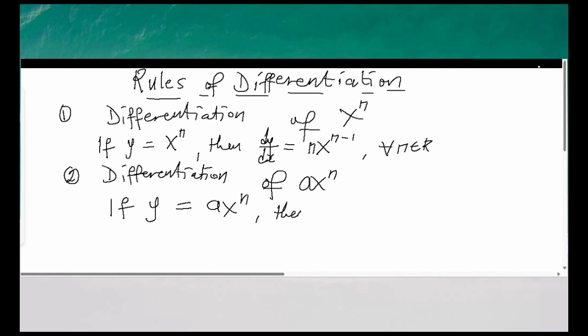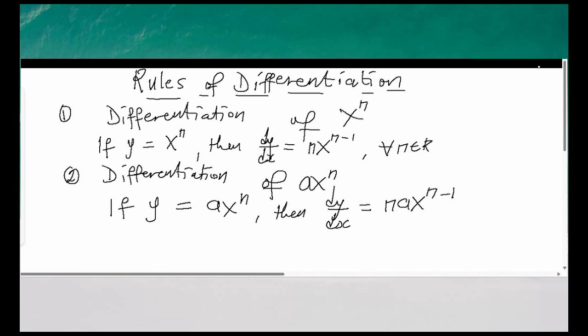Then the first derivative, dy/dx, is going to be the multiplication of a by n, then we decrease the power or the exponent of x by 1, just as we did in the first rule.